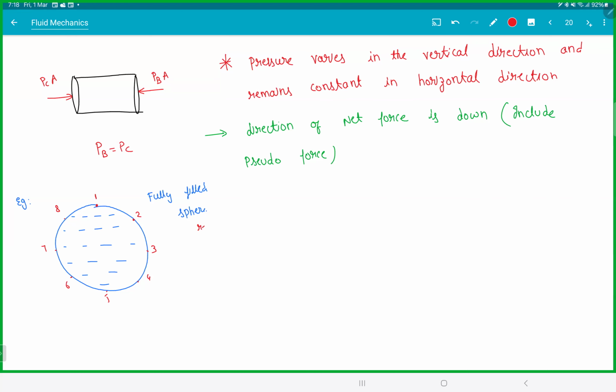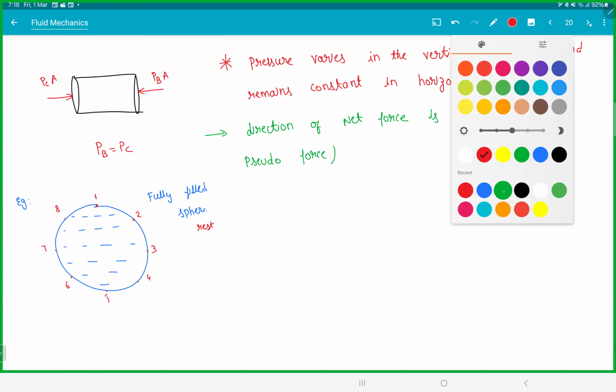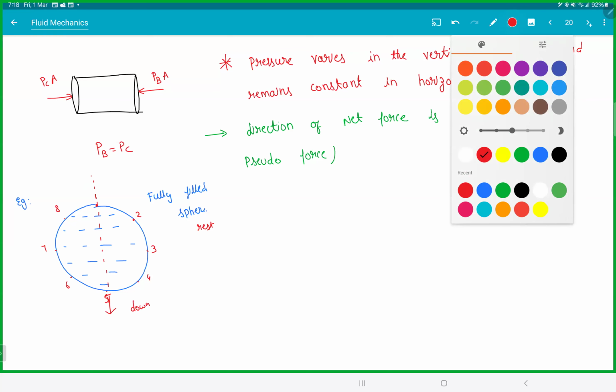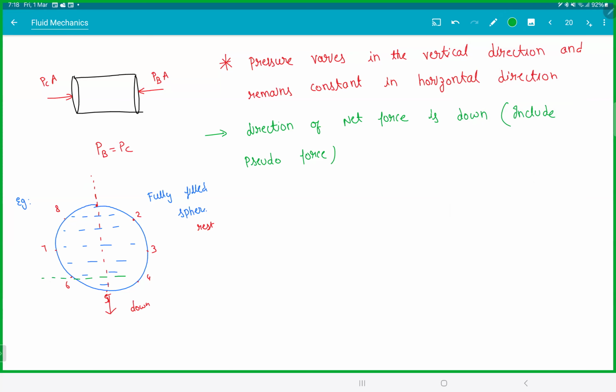This is at rest. Tell me which point has the highest pressure. So here, what is down? This is down, no? What is horizontal here? These are horizontals, lines perpendicular to the down.